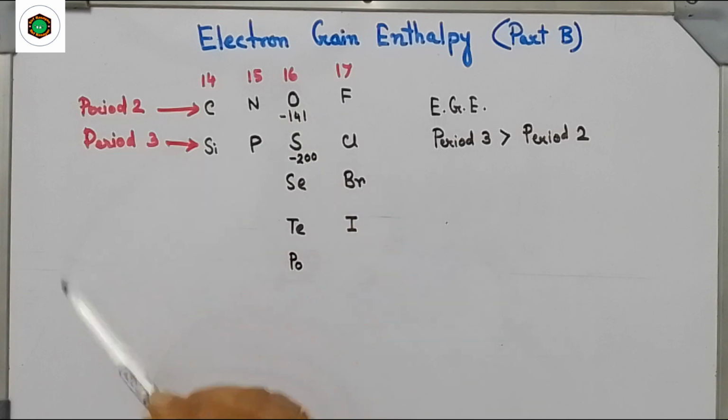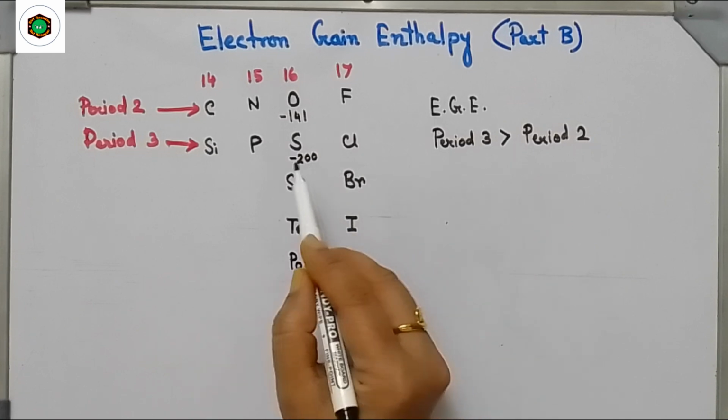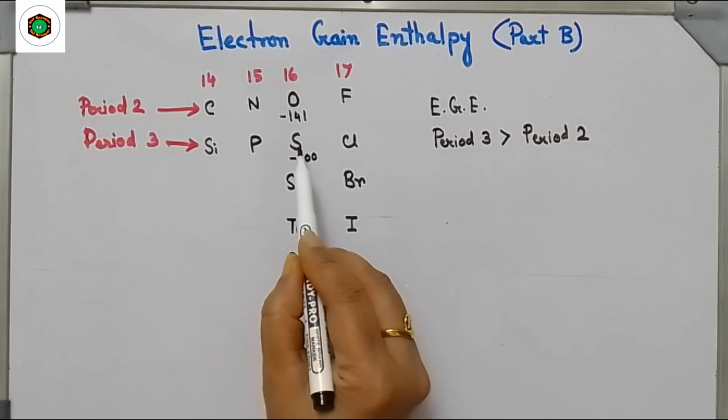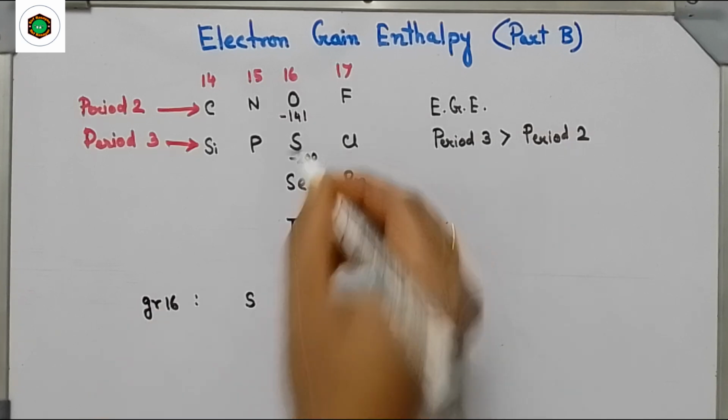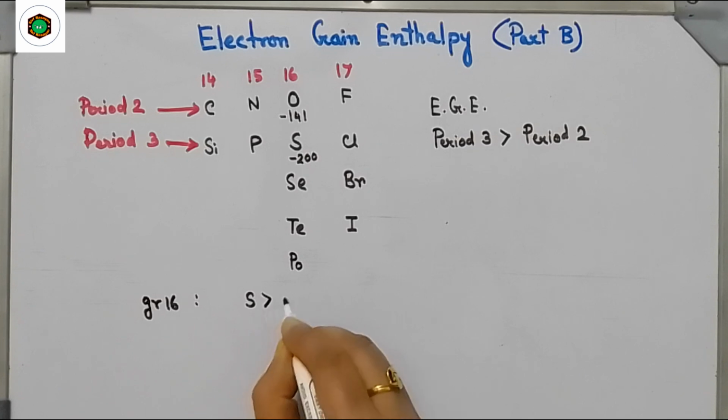Now concentrate on group 16. Down the group, electron gain enthalpy becomes less negative. But here also an exception is there. In group 16, sulfur has higher negative electron gain enthalpy than oxygen.